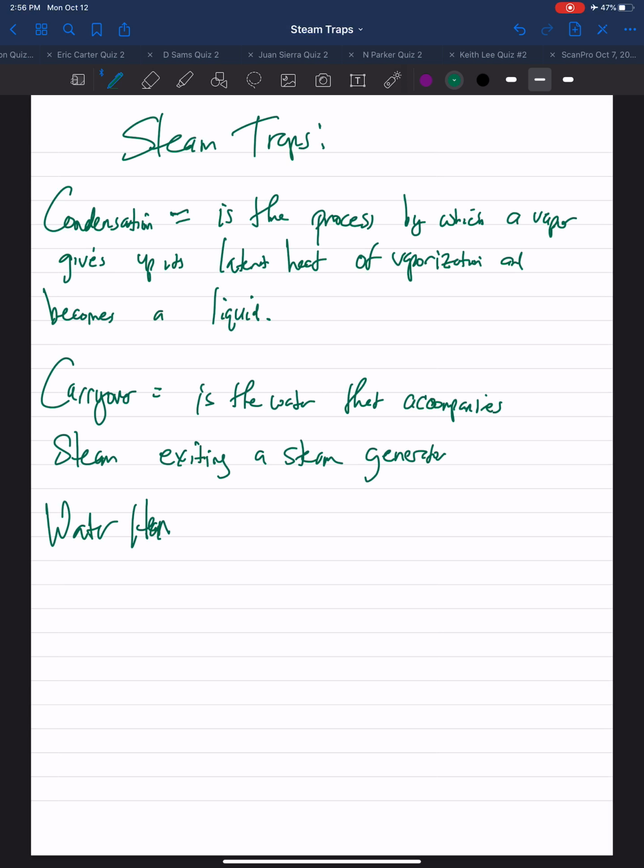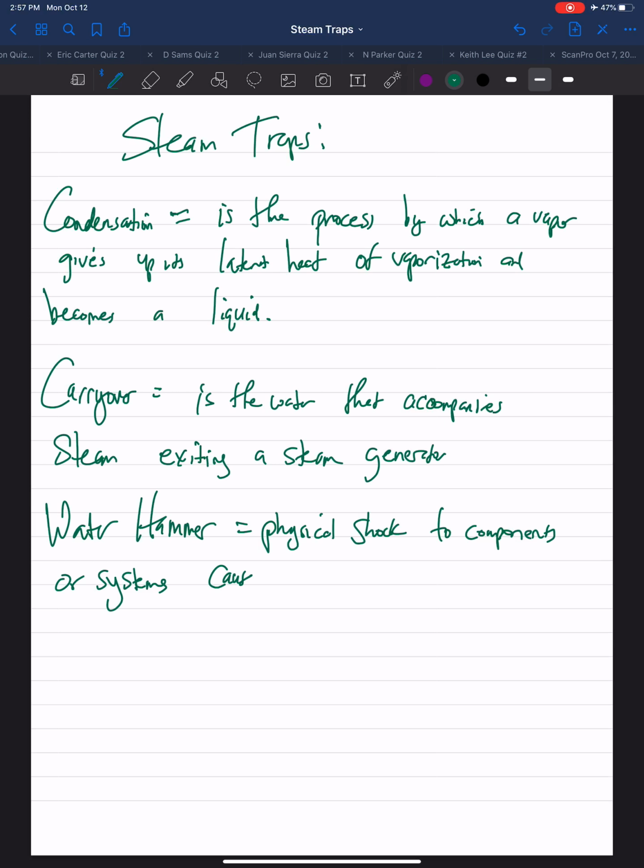Water hammer is the physical shock to components or systems caused by the impact of a high velocity fluid or pressure wave.